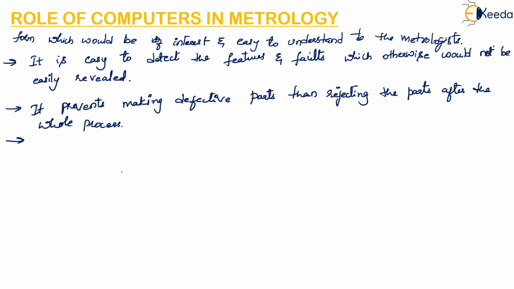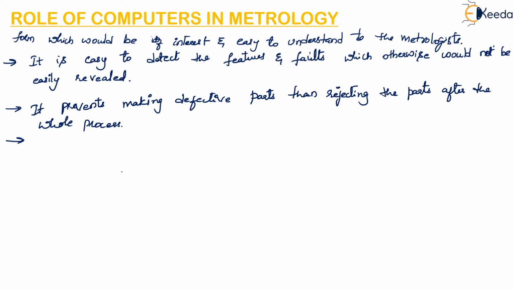The data handling system integrated in these computer programs helps to organize all the inspection results in statistical form, so in a mathematical form we will be able to see the inspection results.